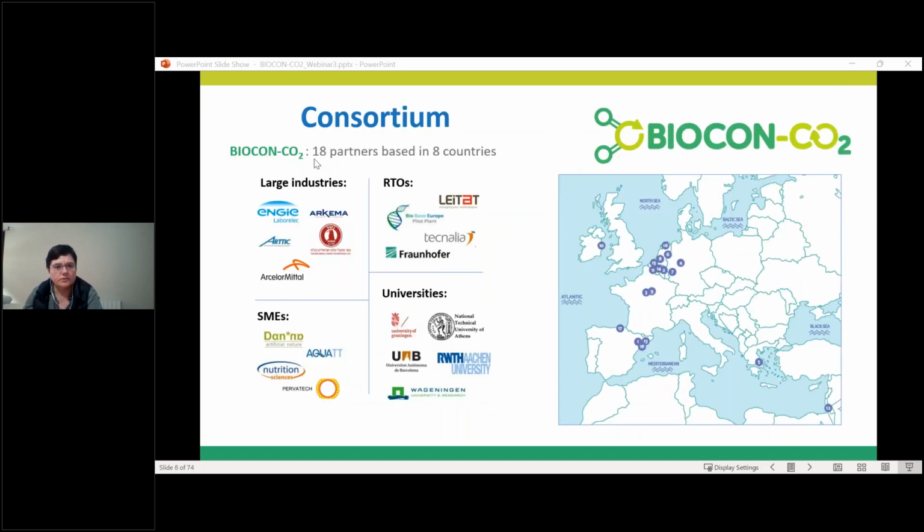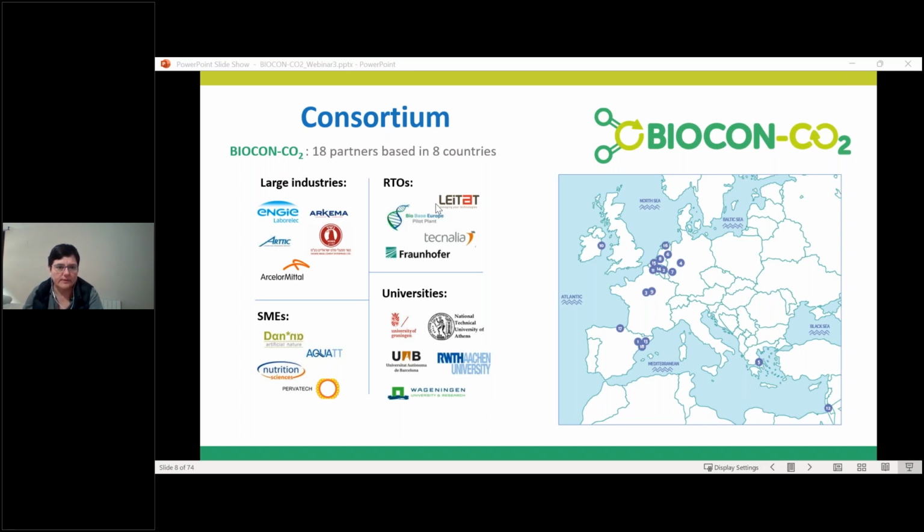We are 18 partners distributed in 8 countries. The consortium includes large industries such as the ones you are seeing here: ArcelorMittal, Arkema, MG Arctic, and Measure. We have also SMEs in the project, mainly PERVATECH, which you will see later focused on one of the downstream technologies, aquaculture for the dissemination and exploitation activities, and also data and notation sciences as end users for feed additives and plastics markets.